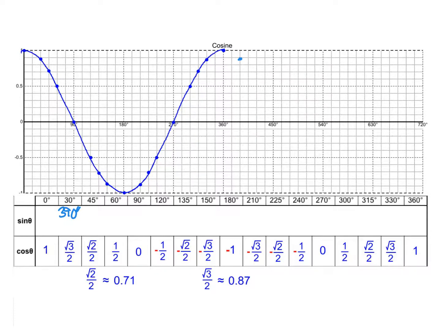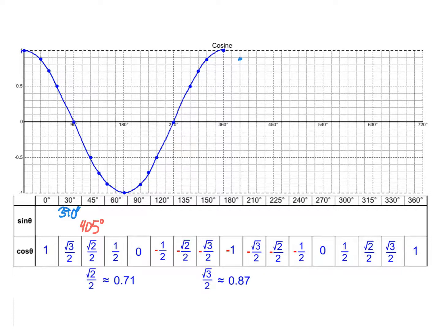Okay, now I'm going to redo the same thing with the 45 here. What do I get if I add 360 to 45? Should get 405 degrees. And 405 degrees, it's right over here.